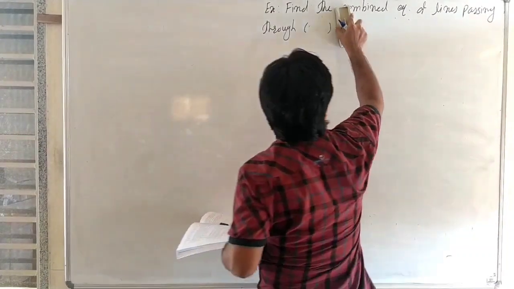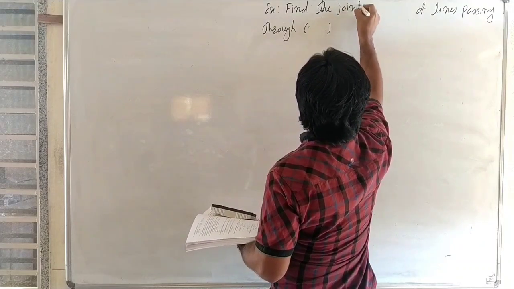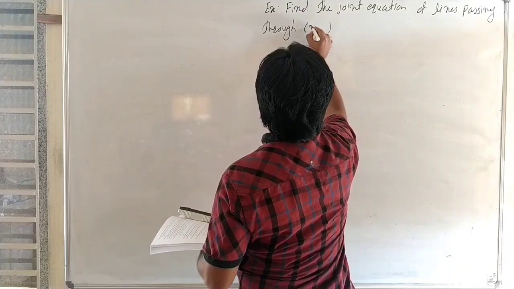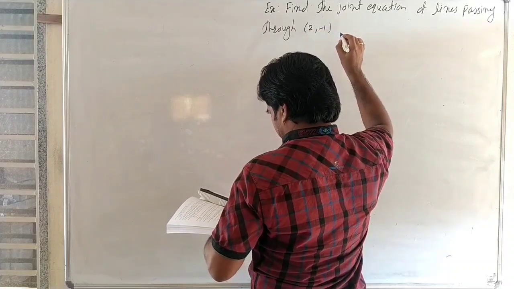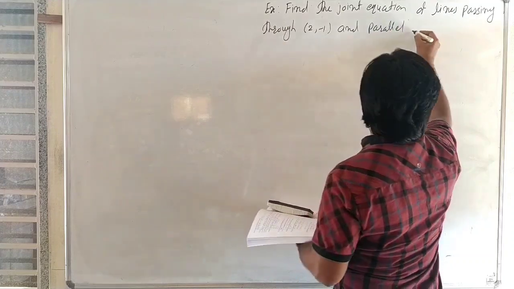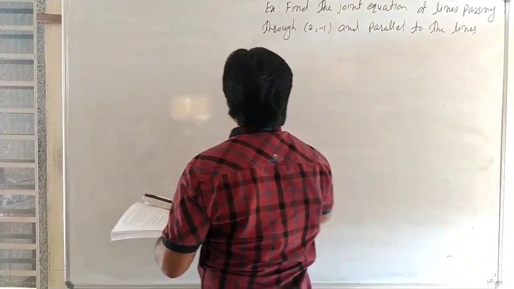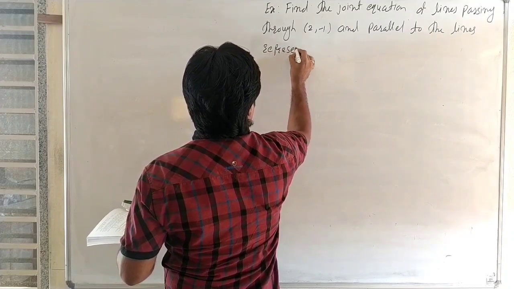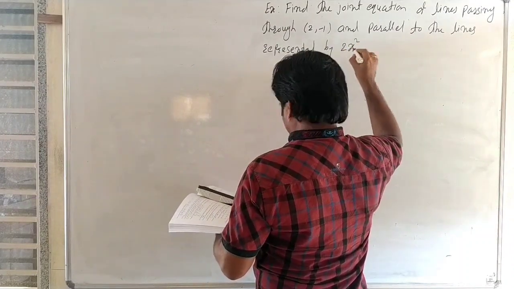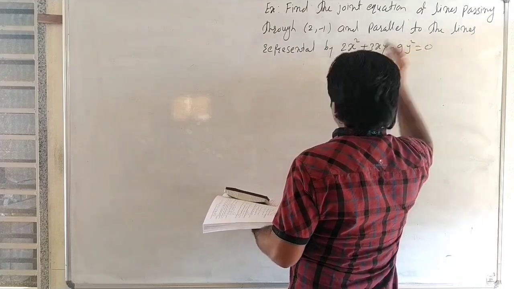Here, find the combined equation or joint equation of lines passing through point (2, minus 1) and parallel to the lines represented by 2x square plus 3xy minus 9y square is equal to 0.